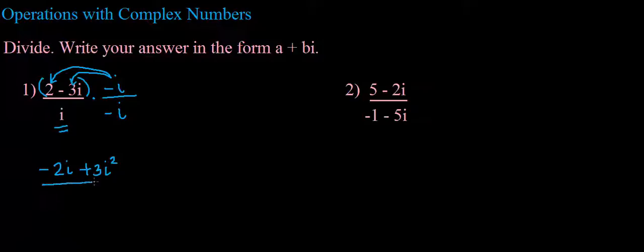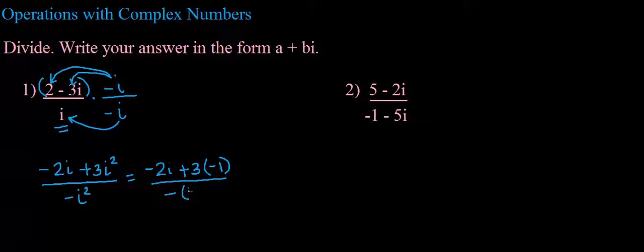In the denominator, I'm going to have negative i times i, and that will give you negative i squared. Now we simplify the numerator and denominator. So I'm going to rewrite negative 2i plus 3, and remember that i squared is equal to negative 1, over negative i squared, and remember i squared is negative 1.